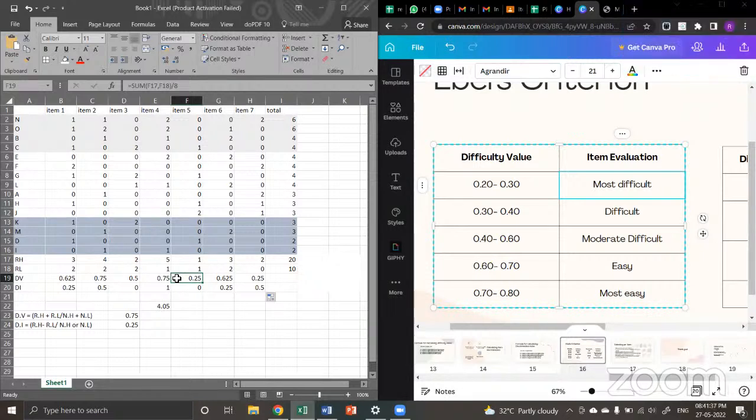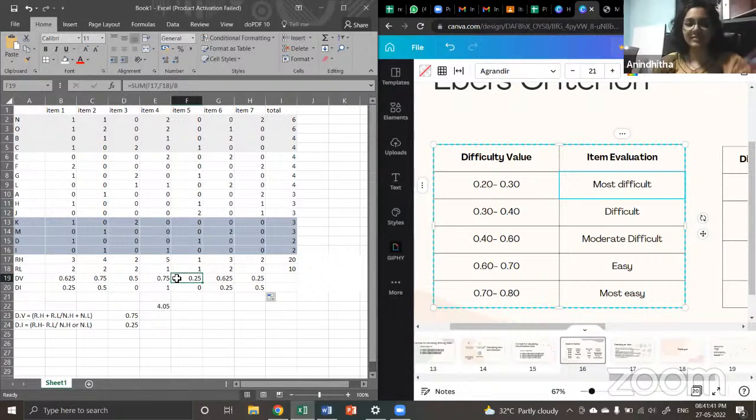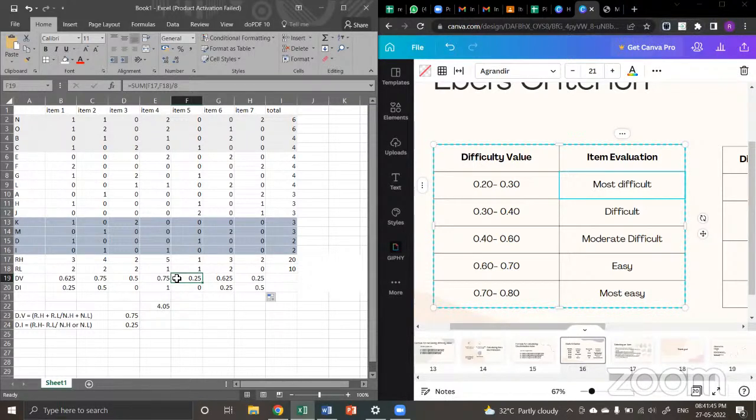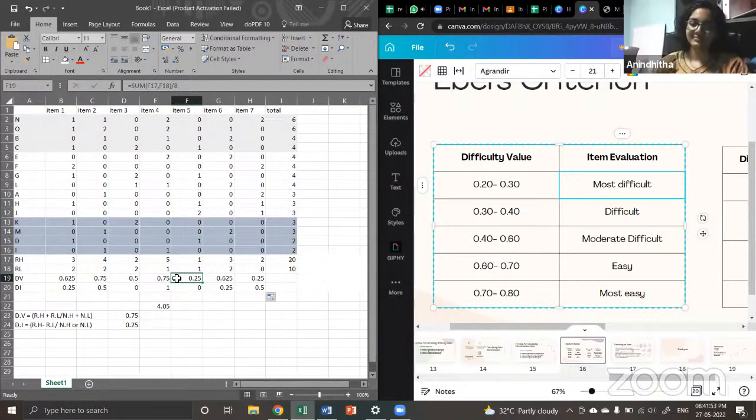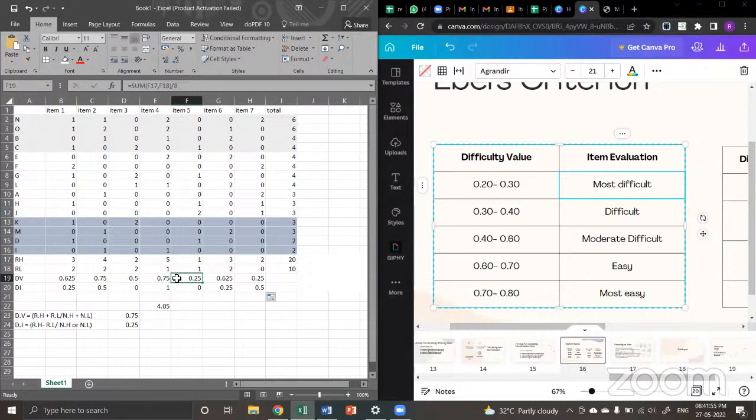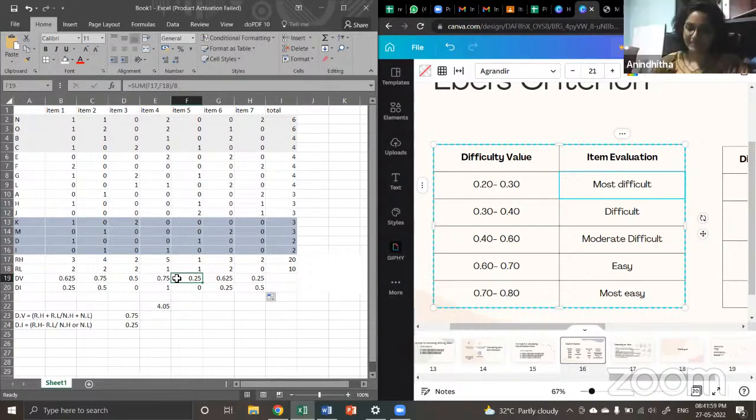And the ABCD is the sample. Sample, exactly. Each of my subject is labeled with an alphabet. Okay. So 7 questions is being sorted based on the sample size. Let's say 15, 20, whatever you name it. Yes. Okay. And that leads to certain questions as the easier questions and certain questions as the difficult questions. Yes.